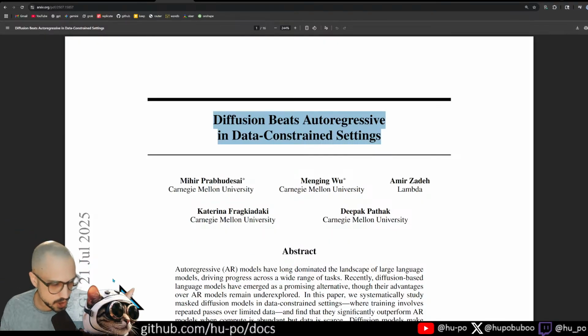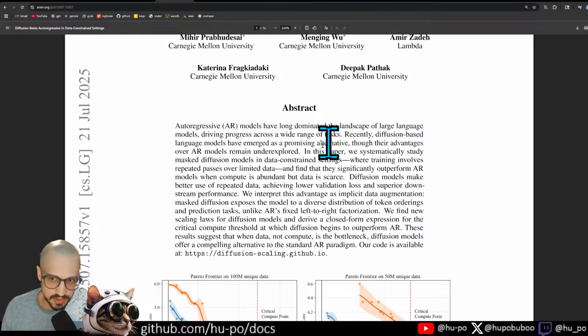How's it going, 87GN? Autoregressive models have long dominated the landscape of large language models, driving progress across a wide range of tasks. Recently, diffusion-based language models have emerged as a promising alternative. This is pretty crazy and most people don't know there are diffusion-based language models.